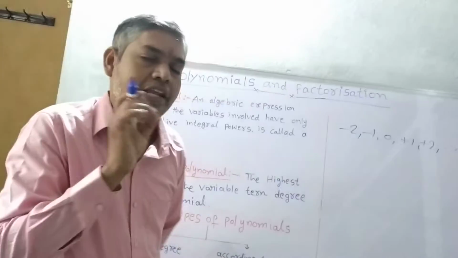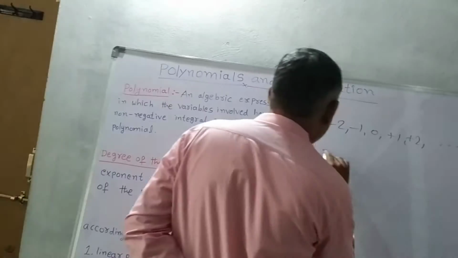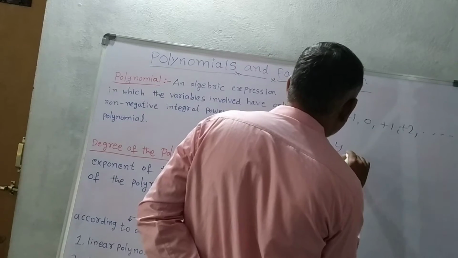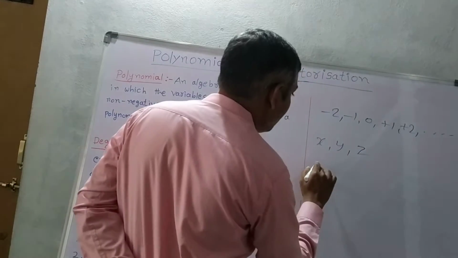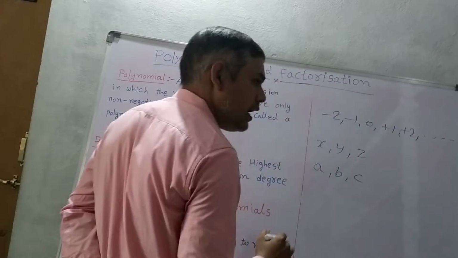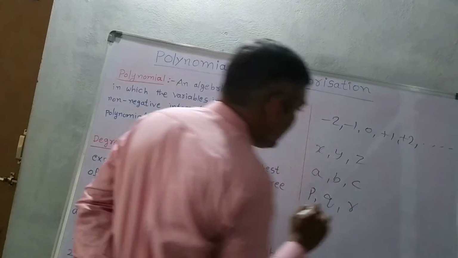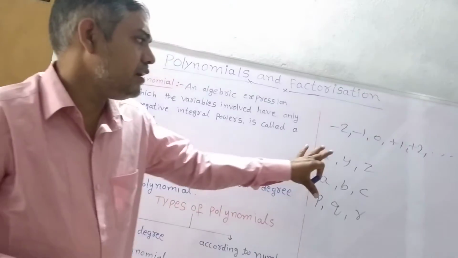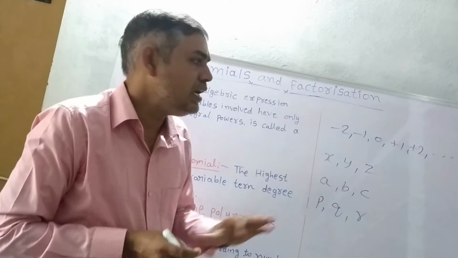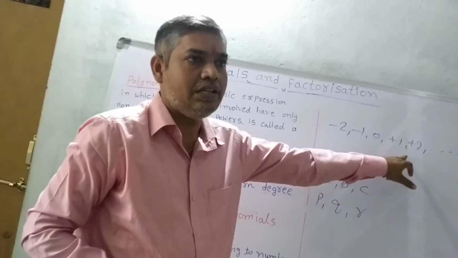Generally, English alphabets are used as variables, for example x, y, z or a, b, c or p, q, r. Like this, the alphabets are used as variables, and integers are negative numbers, 0 and positive numbers.